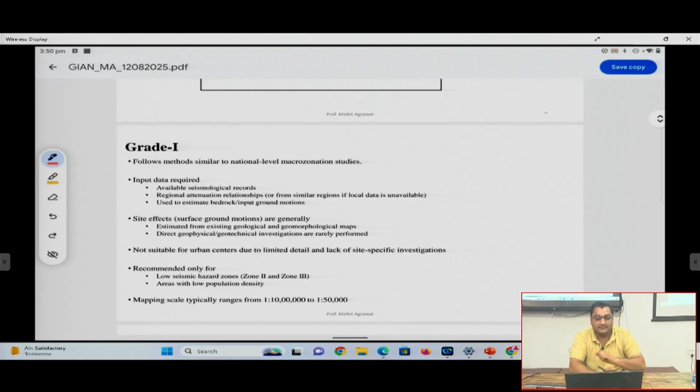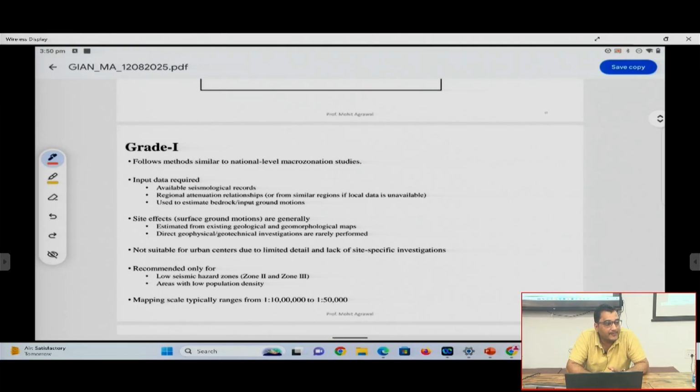What is grade 1? As I told you, it is similar to national level macro zonation studies. The input data that you require for grade 1, that is your general micro zonation study, is the seismological record. You are going to use the regional attenuation relationships. What are the attenuation relationships?